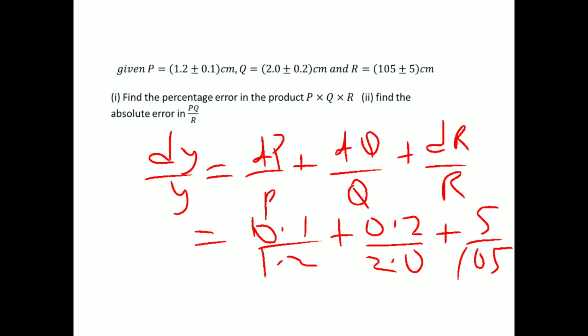So we have 0.1 divided by 1.2, then plus 0.2 divided by 2.0, then plus 5 divided by 105.